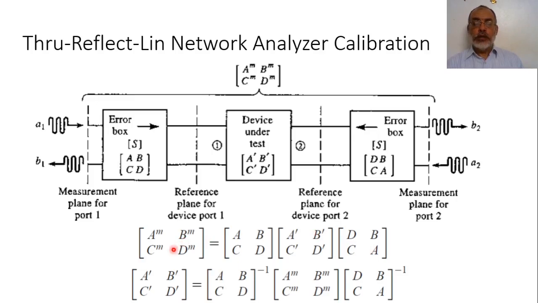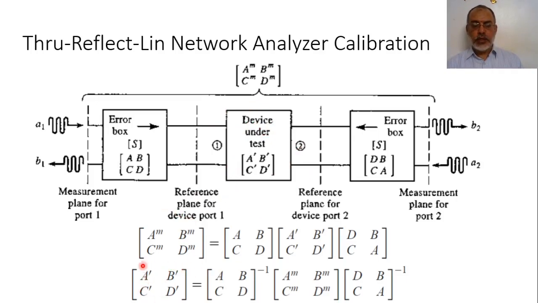Now, this is the measured ABCD parameter. If we know the ABCD of the error box, which corresponds to the S parameters or the network parameters of the directional couplers inside the network analyzer, we can obtain the ABCD of the device under test.